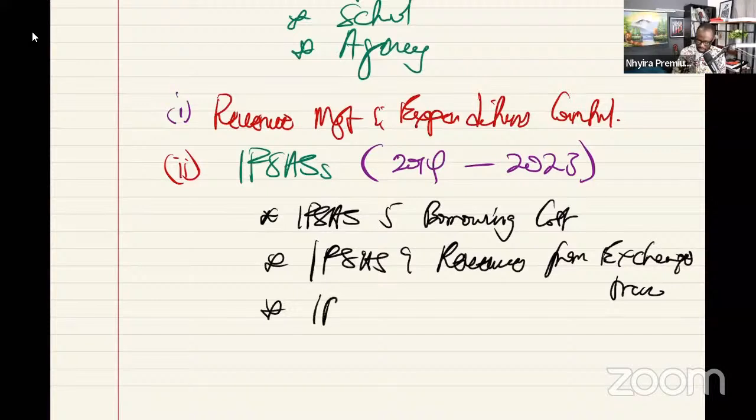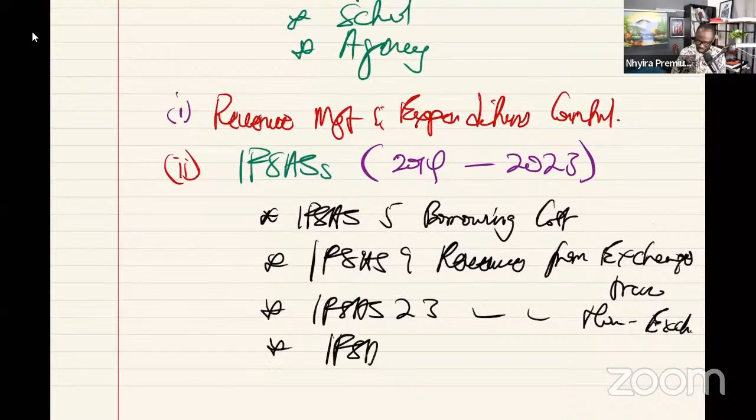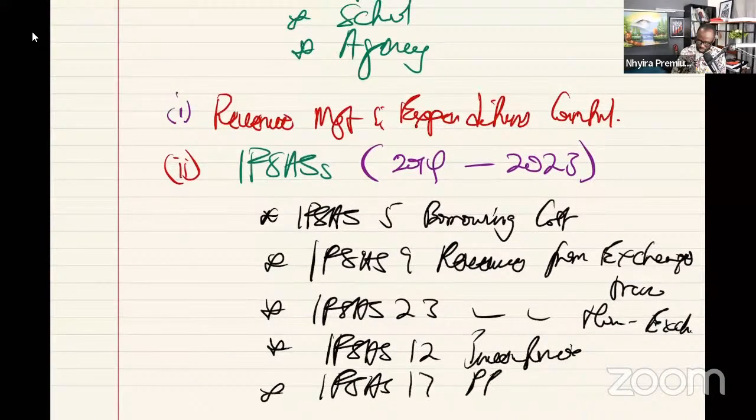And then IPSAS 23, revenue from non-exchange transactions. And we'll go through all these things later on, don't worry. Then we have IPSAS 12, inventory. Then we'll have IPSAS 17, property, plant, and equipment. So these are fundamental IPSAS that you must know about as we prepare ourselves for the financial statements preparation.